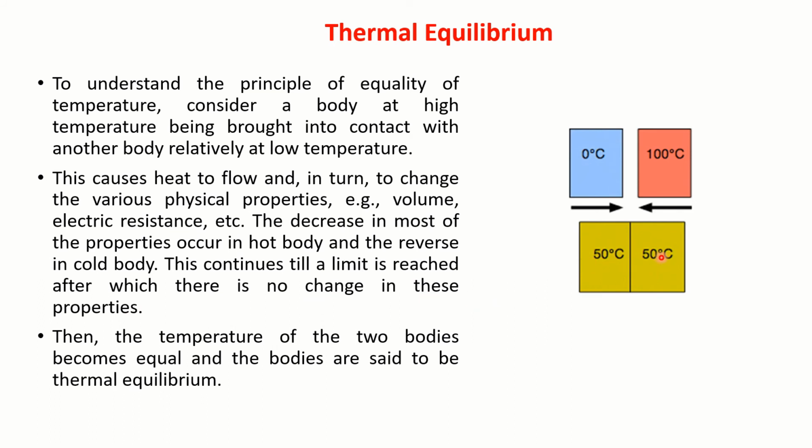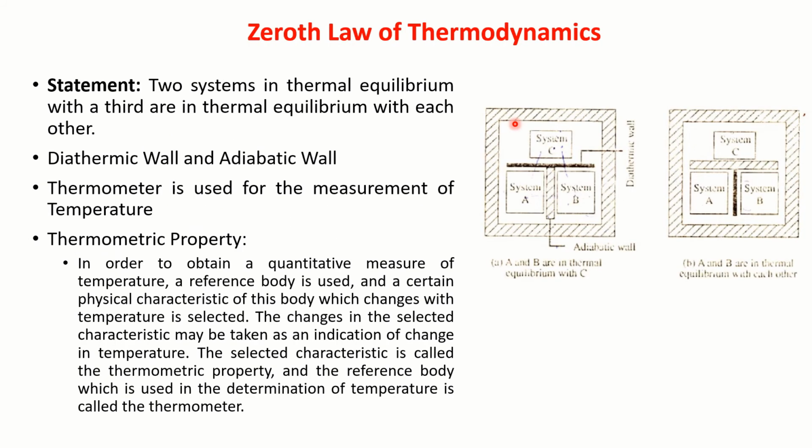That's what we call thermal equilibrium. So a property which determines whether a given body is in thermal equilibrium with another body or not is what we call temperature. This led to the statement of the Zeroth Law of thermodynamics.